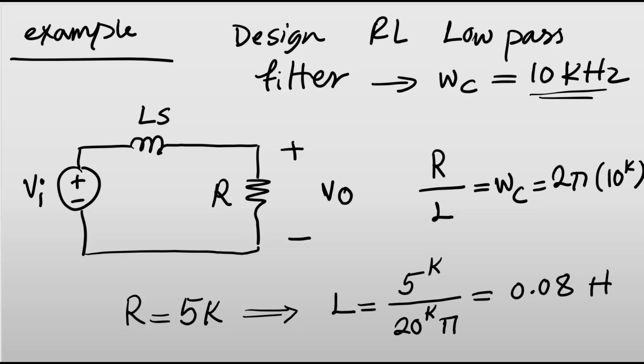So it tells me that my inductor value should be 0.08, my resistor value is 5k, and using these values for the inductor and resistor and focusing on the voltage of the resistor in the RL circuit, I'm going to have what was asked for.